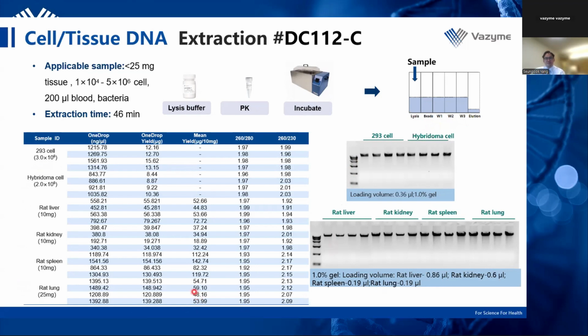And also, when you look at the 260 over 280 and 260 over 230, the ratio is close to 1.9, which indicates high quality. On the right side, the gel electrophoresis images confirm the high quality extractions. The bands are sharp and intact across all sample types, indicating the DNA is not degraded.